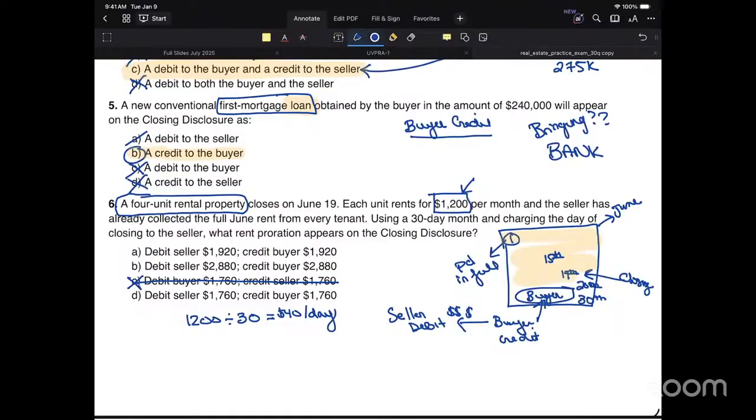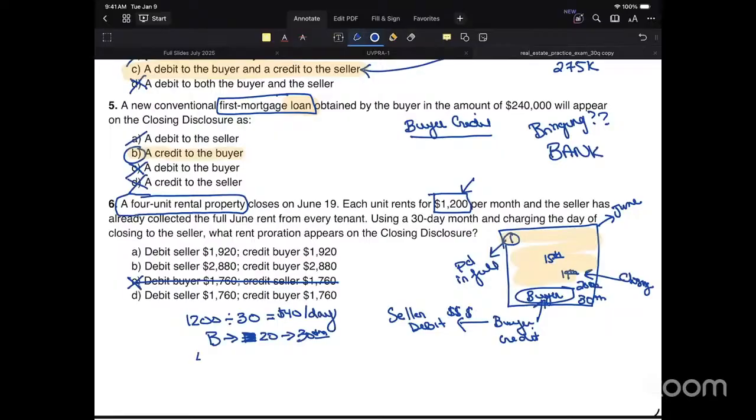This is rent that's $40 a day, and we know the buyer needs to get the 20th through the 30th, which is 11 days. Because remember, we have to count the 20th: 20, 21, 22, 23, 24, 25, 26, 27, 28, 29, 30. That's not 10 days, it's 11 days.